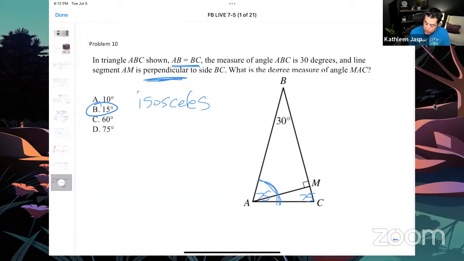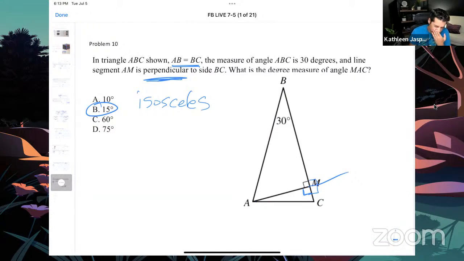So please be careful that you don't say that this angle is 75 because they give you 75 as a possible answer choice. This line that separates it breaks that 75 up into two different angles. Okay. Yeah, I think that's about it. And then the perpendicular means that this line goes through and creates 4 90-degree angles.